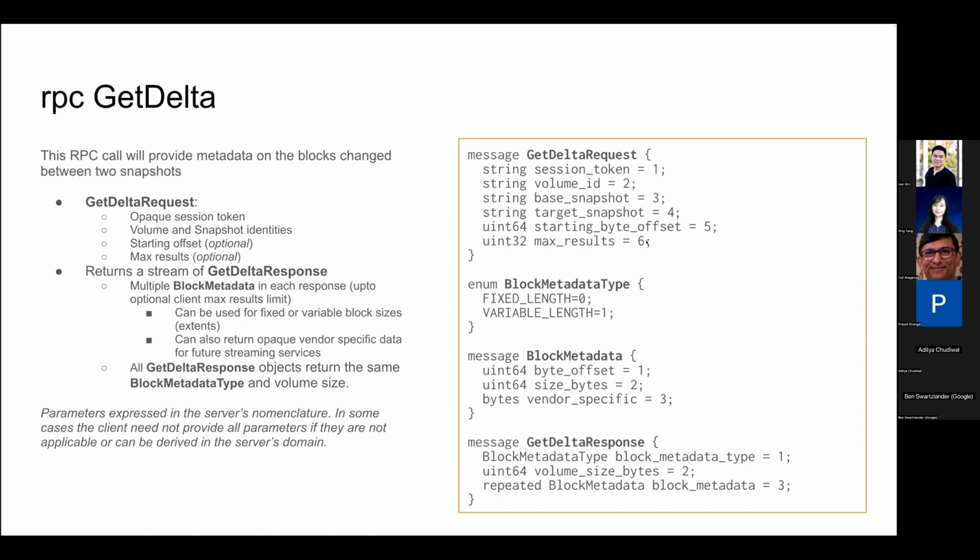If I wanted to add another thing, I could put a number 7 after max results and extend the request. Right, but the requirement is that an SP that ignored parameter 7 would still have to function correctly, even if parameter 7 was specified. That is correct.